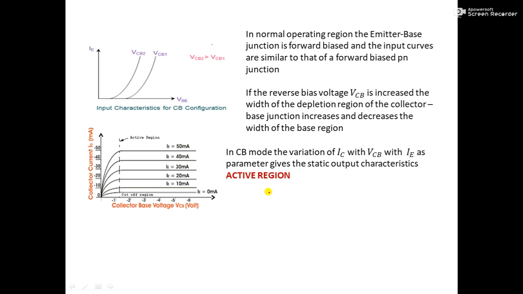So let us first explain the active region. In the active region, we have the relation IC is equal to alpha IE plus ICBO, which is nearly equal to alpha IE, as ICBO is of the order of microampere for germanium and nanoampere for silicon. So at the lower end, IE equal to 0, the collector current IC is nearly equal to ICBO.